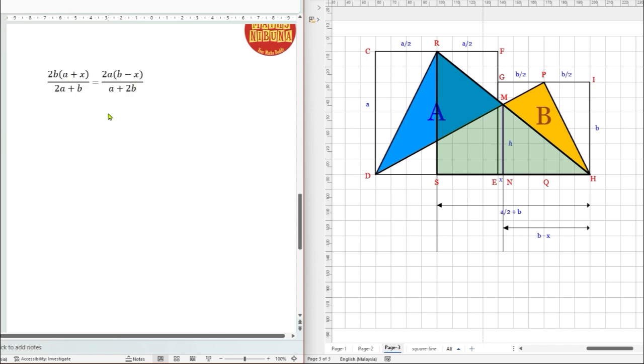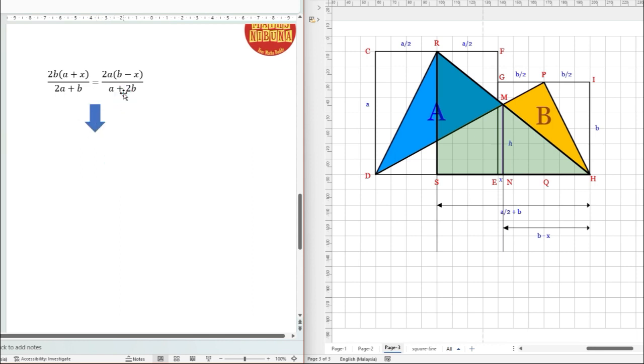So now what you have to do is solve this equation to find x. Multiply 2b with a, this and this, and then cross multiply, and finally you can find the value of x in terms of a and b. I'm not going to solve this one, so I hope you can solve it.